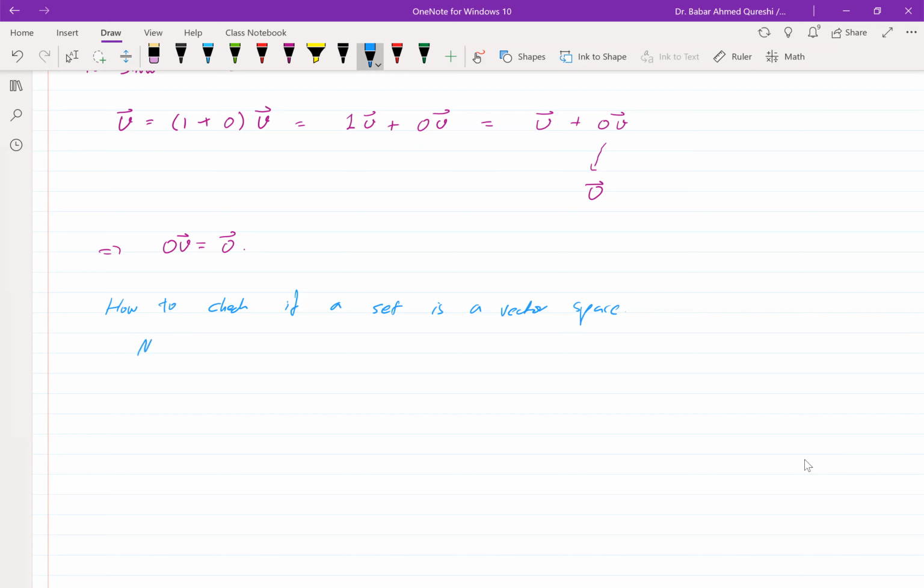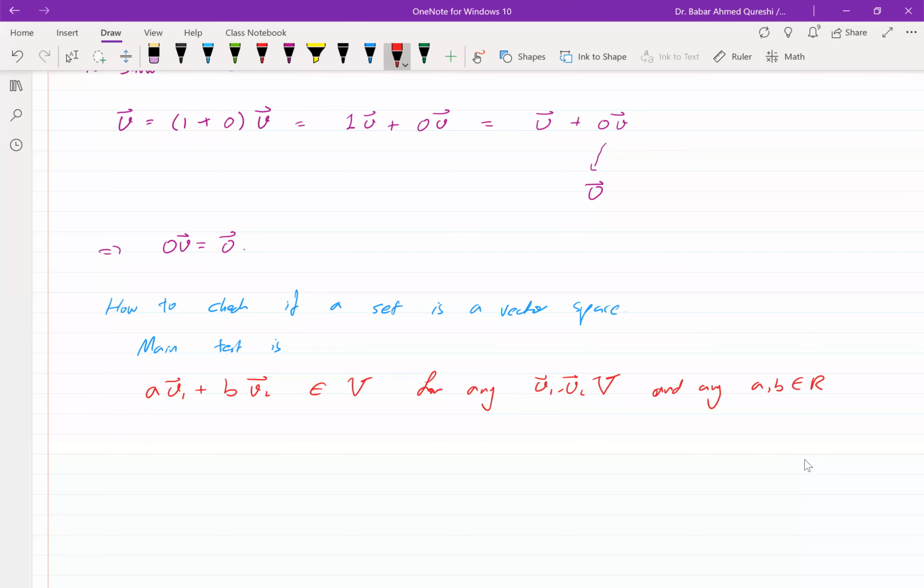The main test is, you pick any arbitrary elements from your set and you multiply with arbitrary numbers and you make this combination.